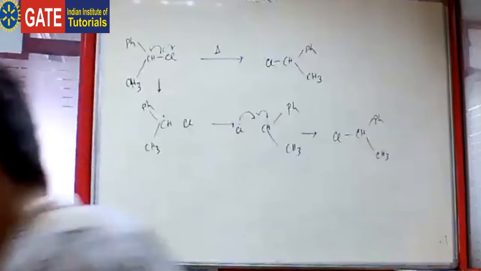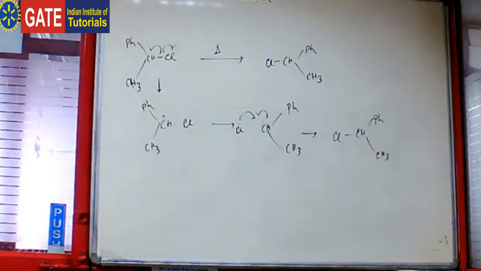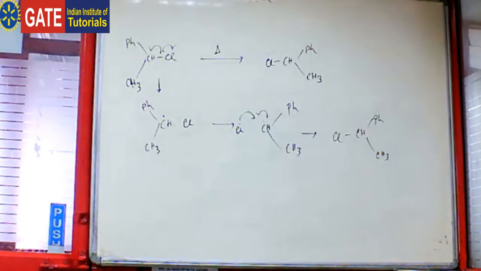They are assuming that this reaction is happening in a radical way, thermally, where homolytic cleavage is happening. This also comes under thermal racemization. The best example was the first one I showed you.